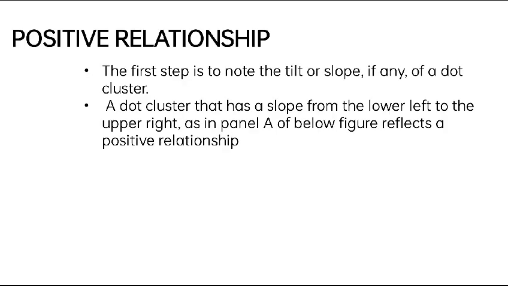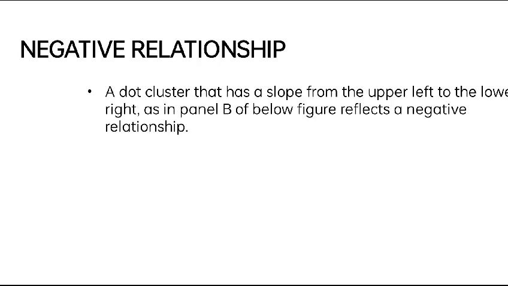Positive relationship. The first step is to know the tilt or slope, if any, of a dot cluster. A dot cluster that has a slope from the lower left to the upper right, as in panel A of the below figure, reflects a positive relationship. Negative relationship: a dot cluster that has a slope from the upper left to the lower right, as in panel B, reflects a negative relationship.